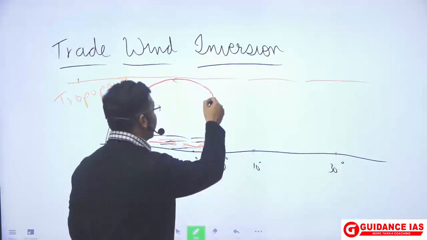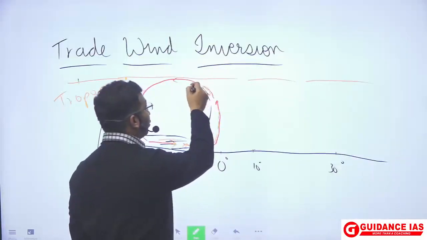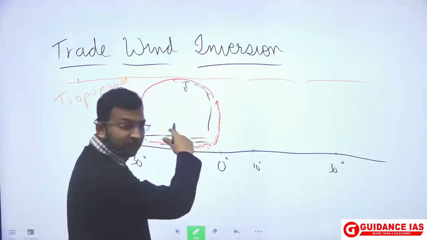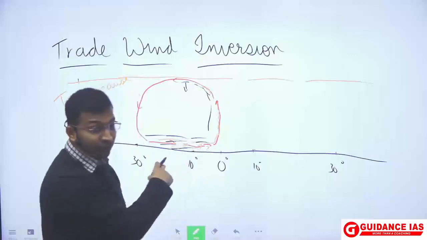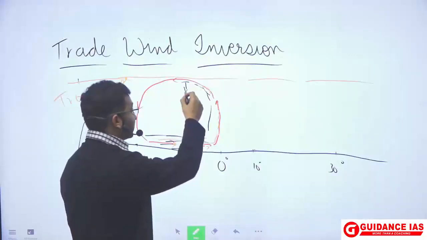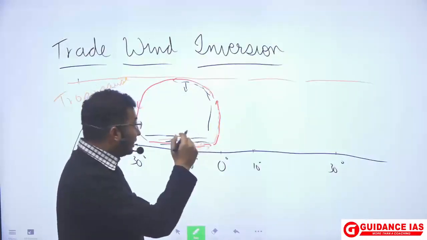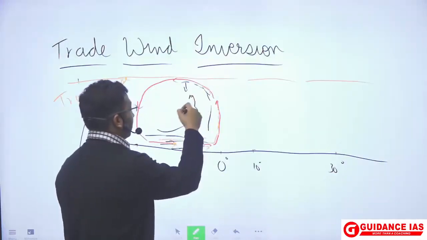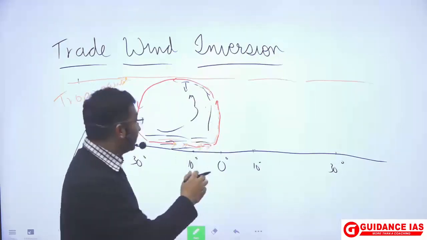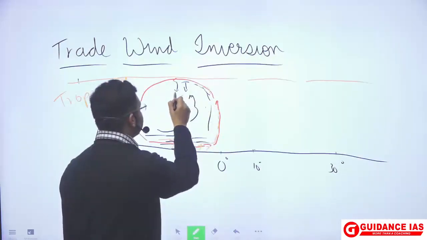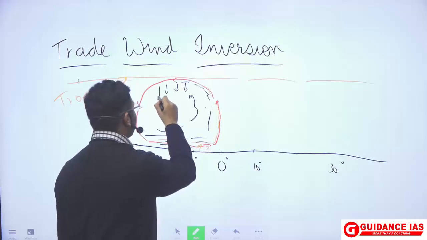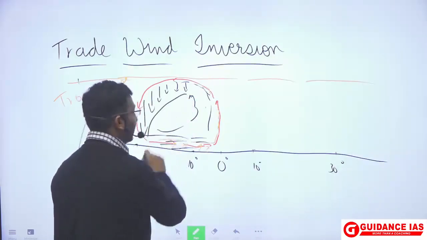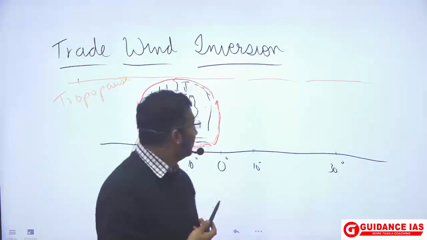So as it is moving, as it goes on cooling, it begins to subside right from above the 10 degree latitude, but the subsidence is a little bit restricted, as there is rising air mass from here. So this subsidence will go on continuing and ultimately reach the earth's surface at around 30-degree latitude.